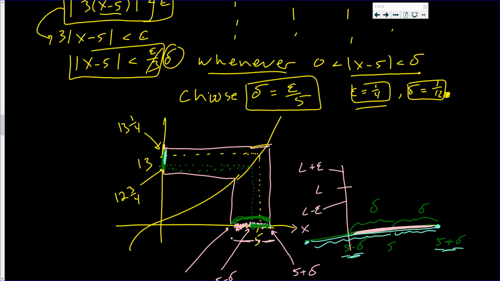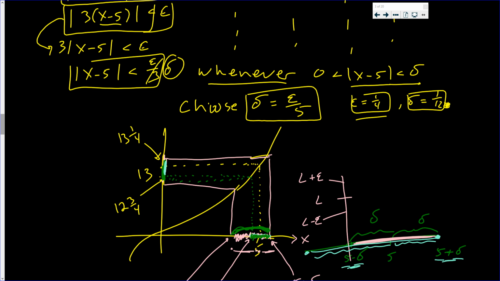Okay, so let's see where we went wrong here. I did conclude this is epsilon over 3, but somehow when I wrote it, I copied it down wrong.